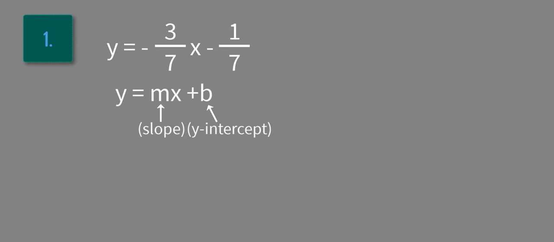So with this, the slope m equals negative 3/7, and the y-intercept is b equals negative 1/7. You could also say that it's (0, negative 1/7) if you wanted to put it in coordinate form.